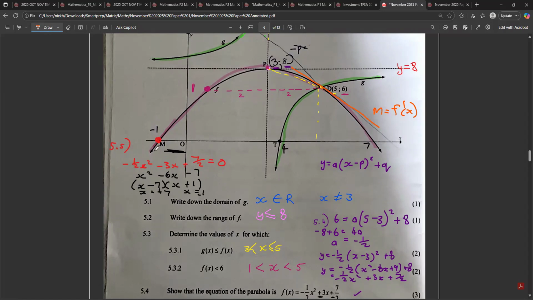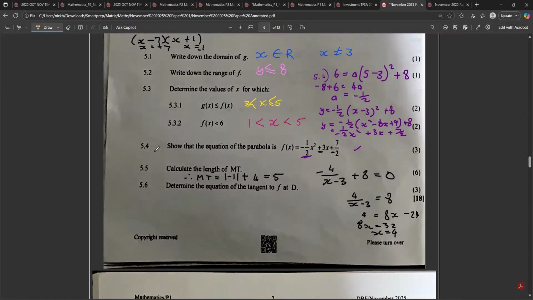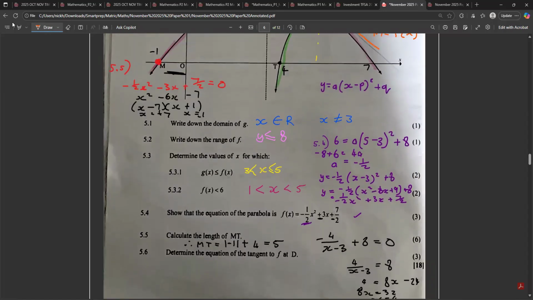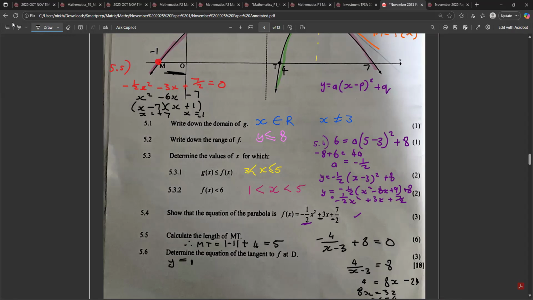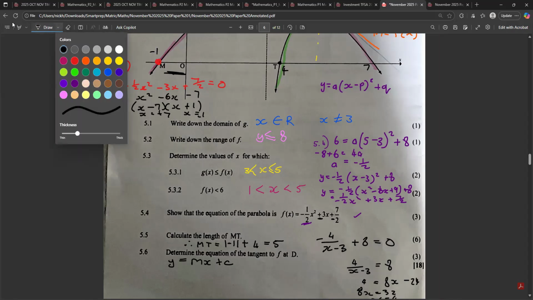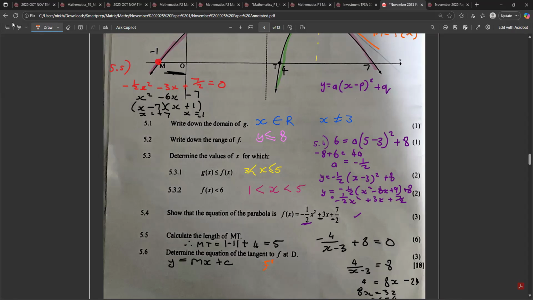Okay, so what I like to do when I'm asked to do a straight line is to use what I call my North Star, my guiding light in these questions, and that is y equals mx plus c, and then figure out what do I need, right? I need the m first. So f dash of x is equal to 2 times negative a half is negative 1x plus 3, the derivative of 3x is 3.